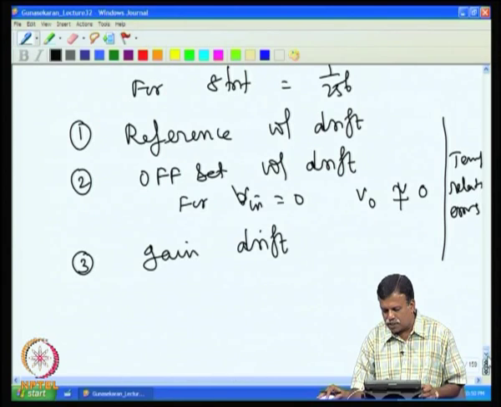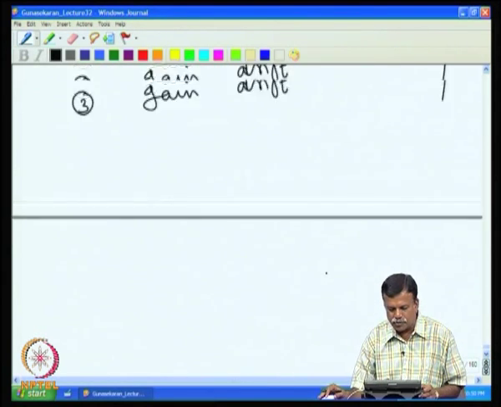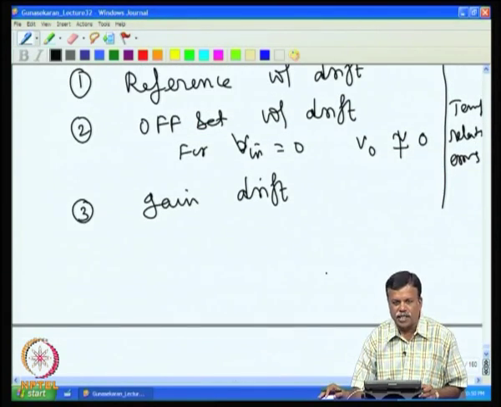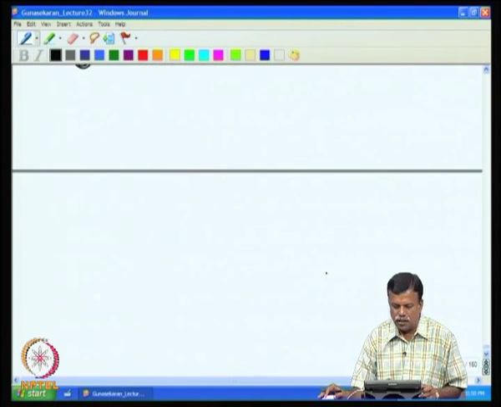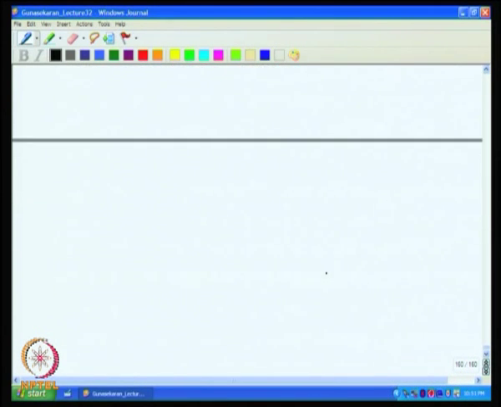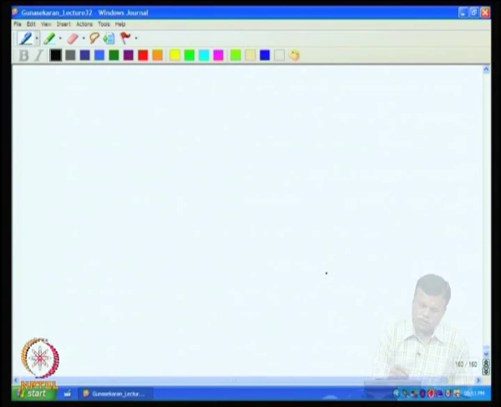Now, without the temperature related error, if you look at the inherent A to D and D to A converter errors, they are like this.